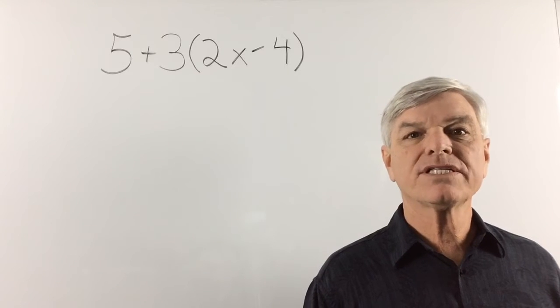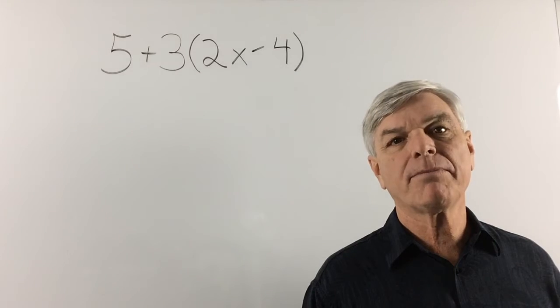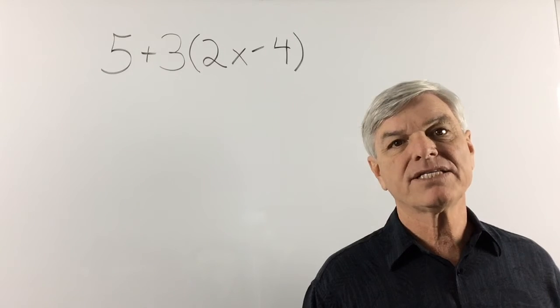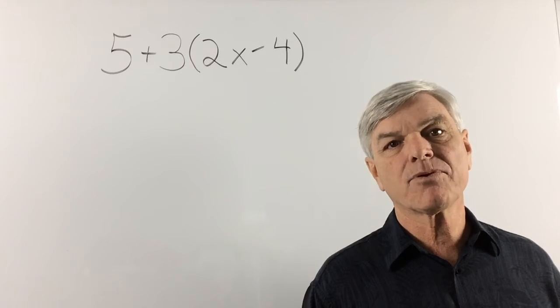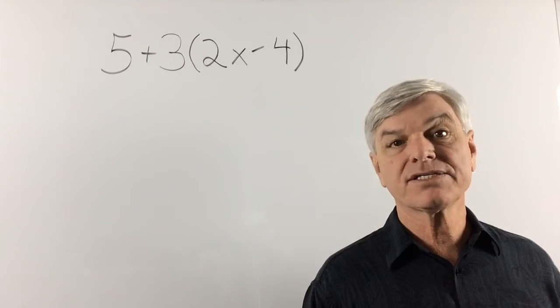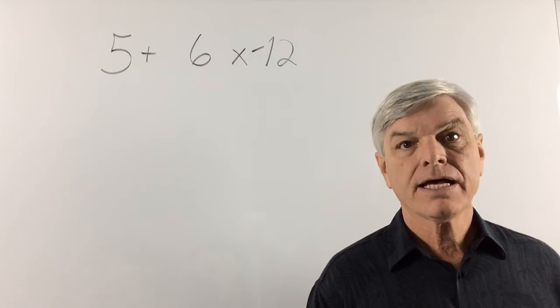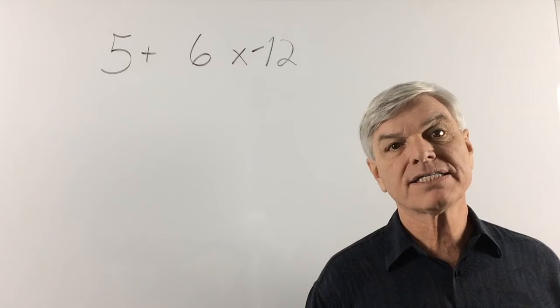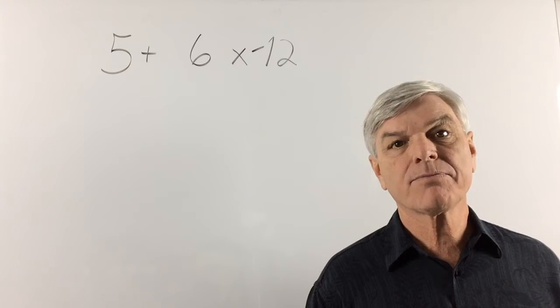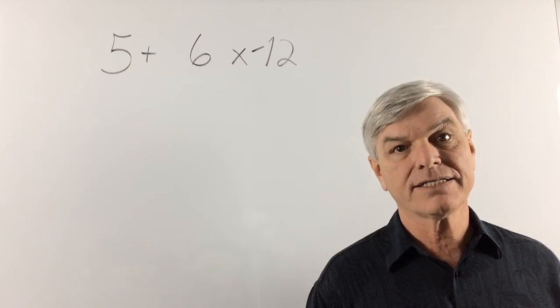In this problem, notice the 5 and the 3 are separated by a positive sign. That means the 5 will not be applied to the parentheses, but the 3 will because the 3 is attached to the parentheses. And since we're multiplying with a positive 3, all of the numbers in the parentheses are going to retain their signs.